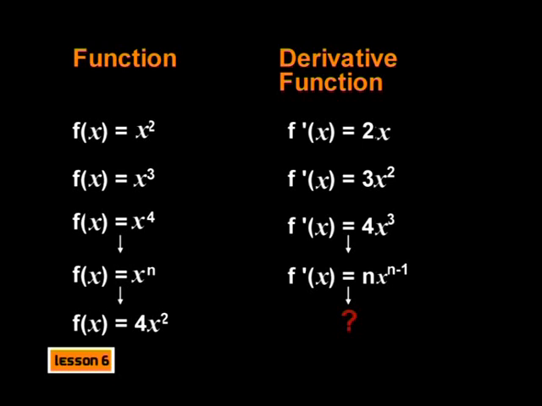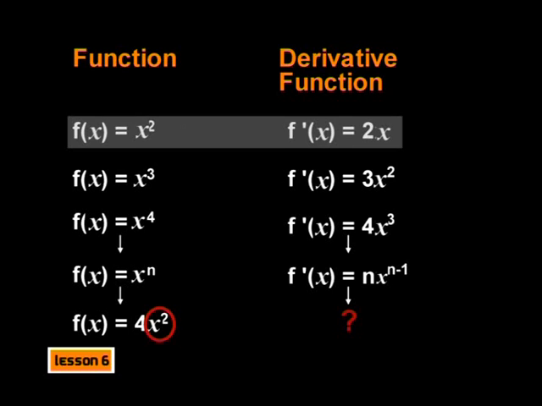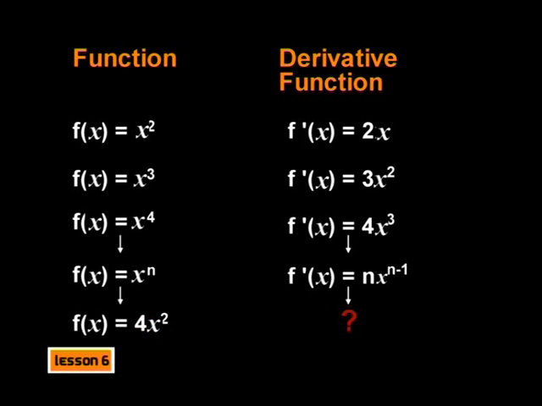How about the derivative of the function f of x equals 4x squared? Well, the derivative of the x squared part is surely still 2x. But what about the 4?